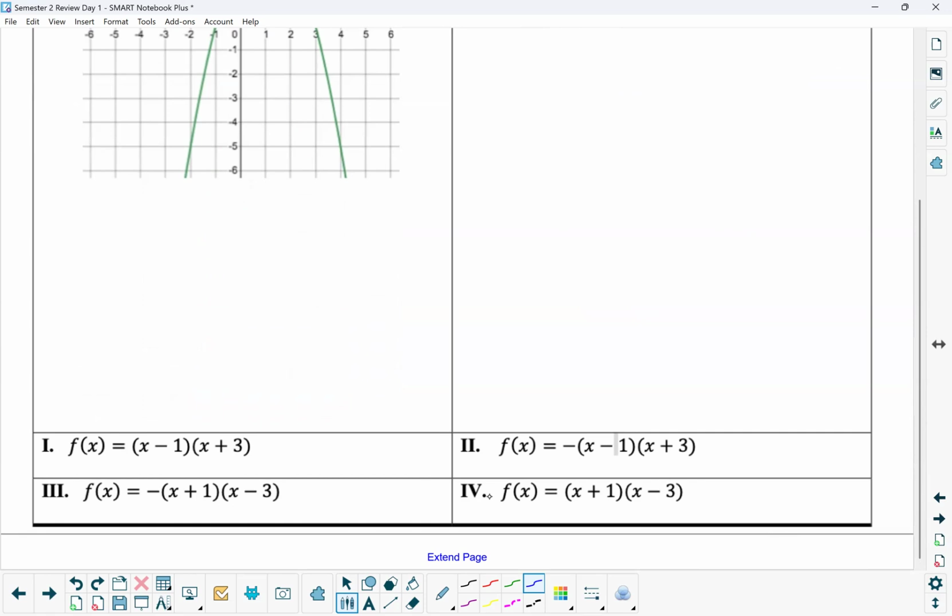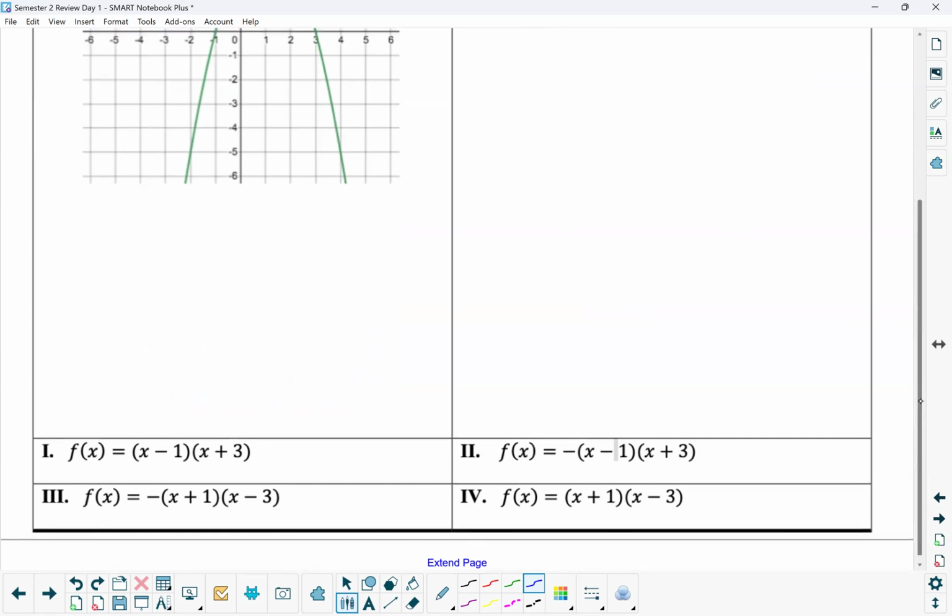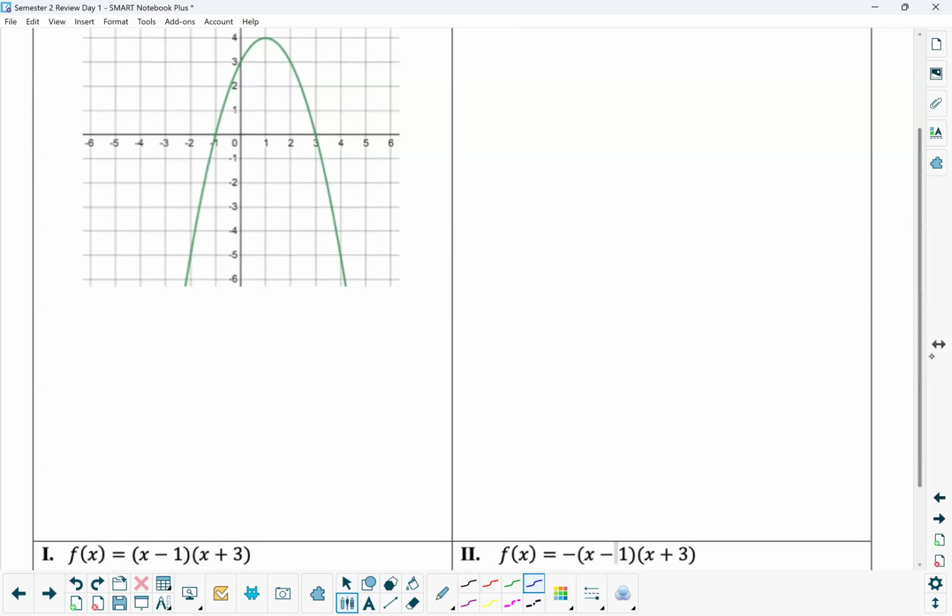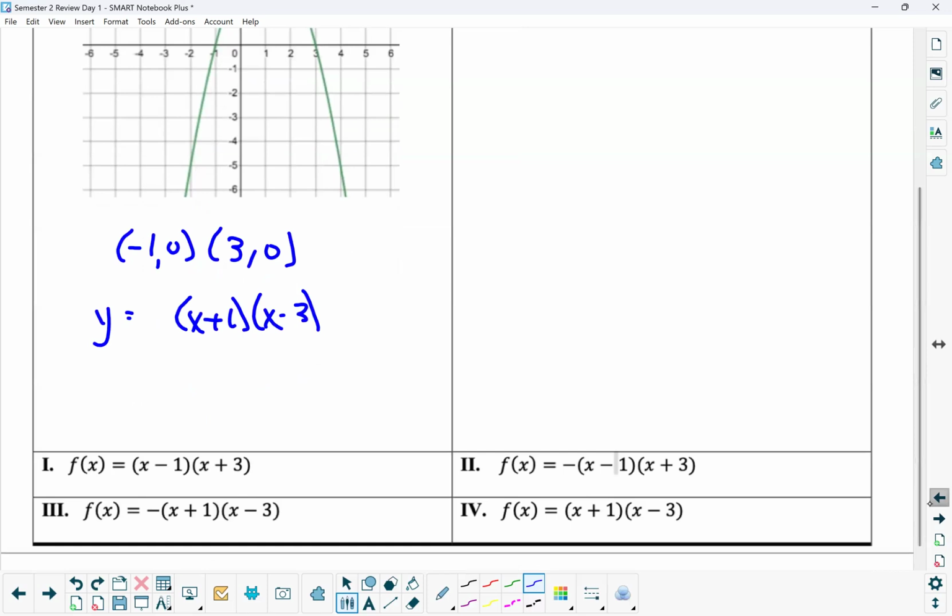I'm not going to cross them out because you'll have to use those for the other one, possibly. My intercepts are (-1, 0) and (3, 0). So that means I would have x plus 1, x minus 3. And I can see that that's option 3.